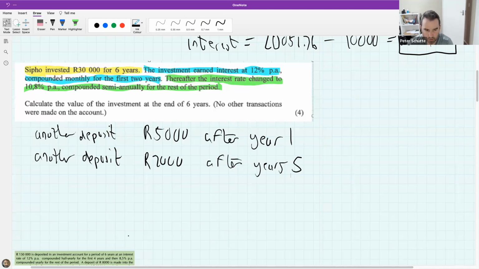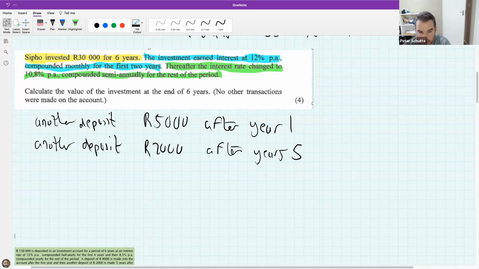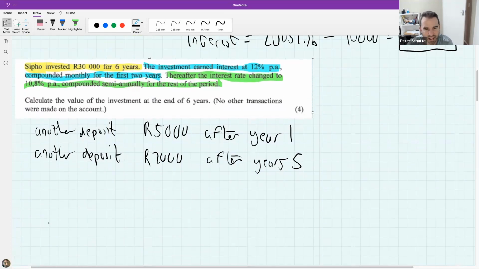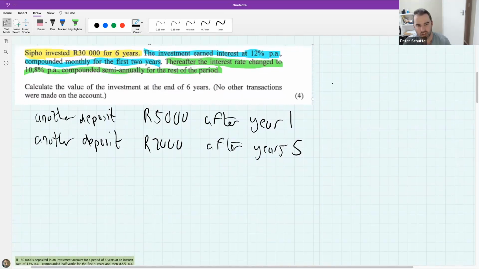So I want to ask the class, I'd love some comments, maybe even audio comments from people. How is this going to change? I need to figure out how much money is left in the account after 6 years. That's my goal. What is the final A value? How are these extra deposits going to make life difficult? What do I need to do to not only figure out what the 30,000 grows to, but also these things over here?